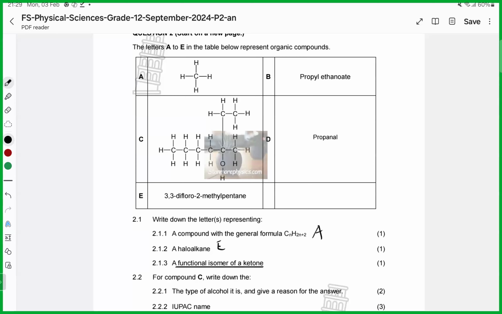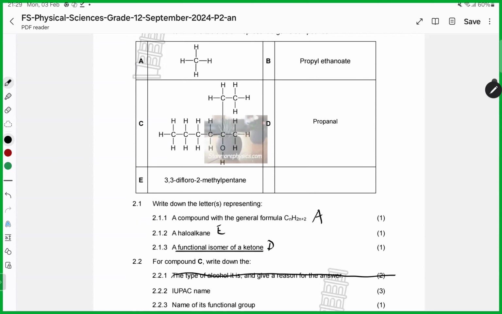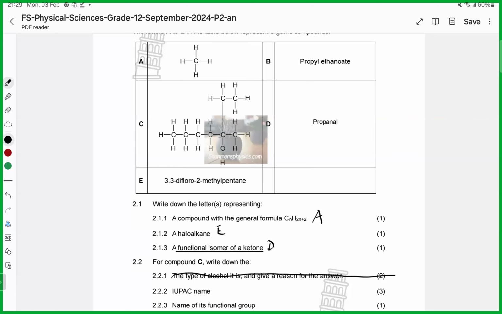D. What's the IUPAC name of compound C? I'm going to help you out.